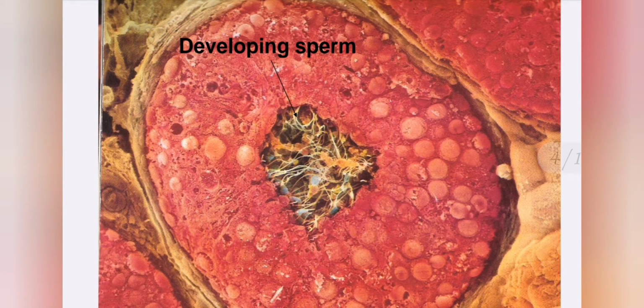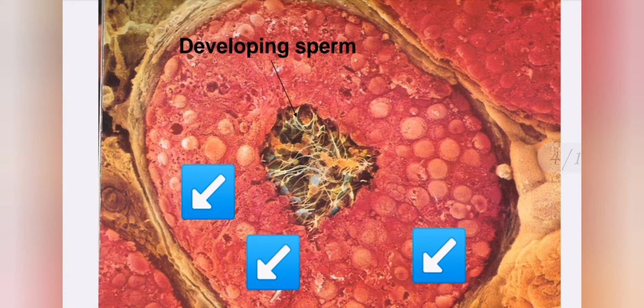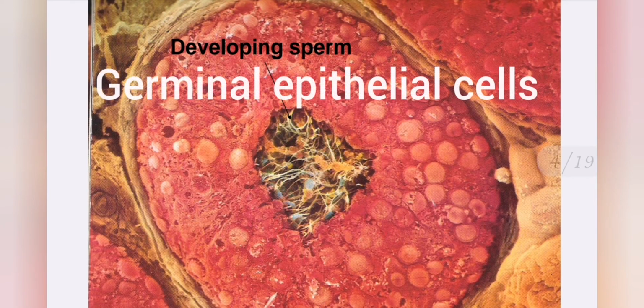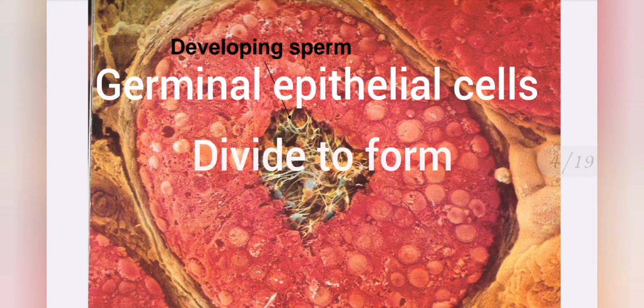On the very outside of the seminiferous tubule, the first line of cells is called germinal epithelium cells. And these are the cells that will start dividing, and as they divide, forming new cells, the new cells get pushed towards the inside of the tube.